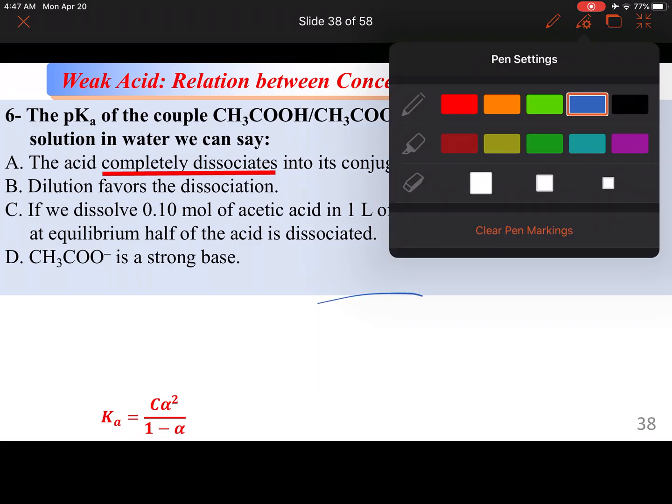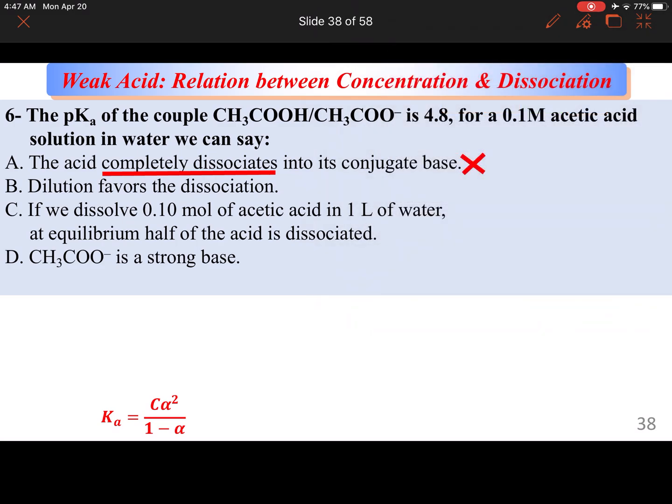And the pH of the solution is equal to 4.8. Well, we actually have to do a calculation here, but just a quick one.